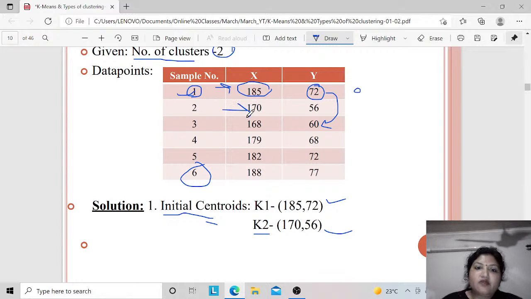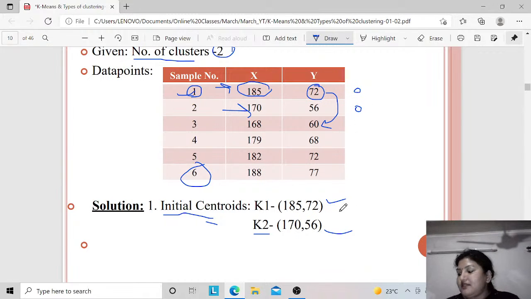The same case if you are measuring from cluster 2, this point, the distance would be 0. So this would be your minimum distance, and this would fall in the same cluster, right? Like this point would fall in k1 and this point would fall in k2.